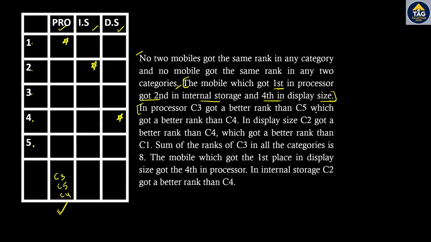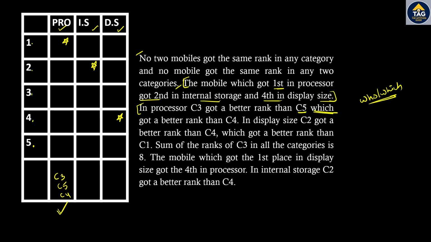In this context, usually if you find a word like who or which, we need to understand that the information which follows this word is related to the immediate previous person. So in this context, the information which follows which is related to C5. So C3 should be placed ahead of C5 and C5 should be placed ahead of C4.